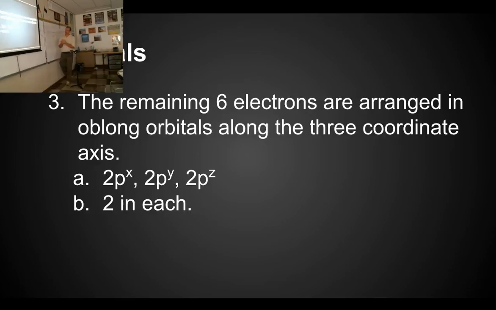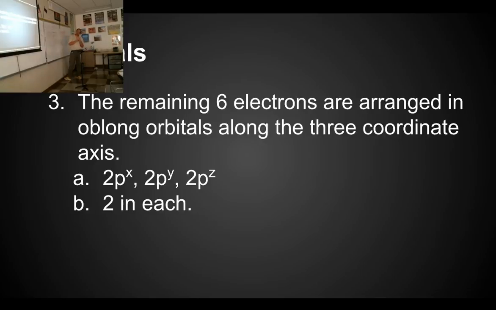And remember, after you've had too much coffee, 2p or not 2p, that's the question. This is the joke. Okay, so 1s, 2s, and then 3 2p orbitals, 2px, 2py, 2pz.